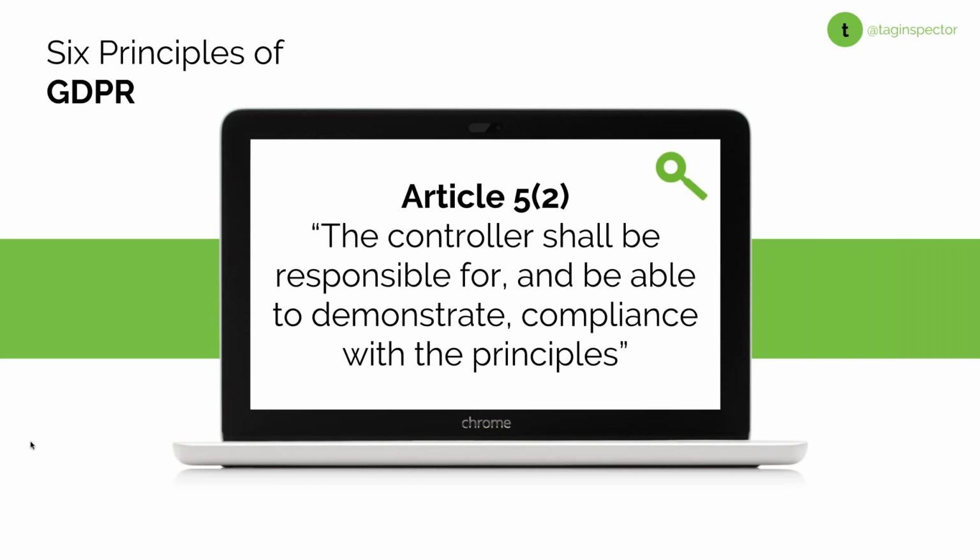Any processing that happens, from collection all the way through deletion, that entire life cycle, by another party, or if there's a breach with one of the processors that you're using, at the end of the day, the controller, the one that is defining the purpose and the use of the data, is the one that is going to be responsible.